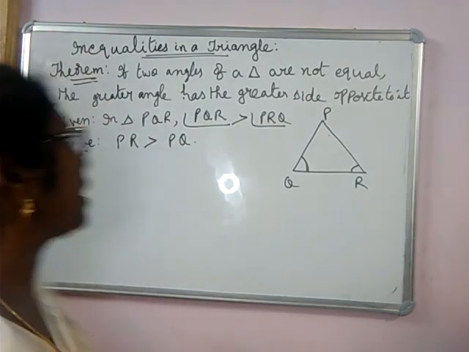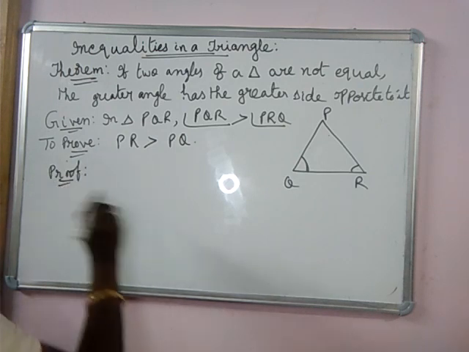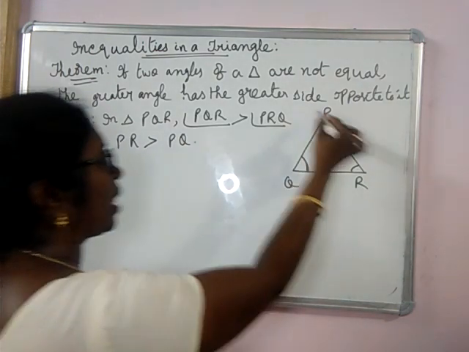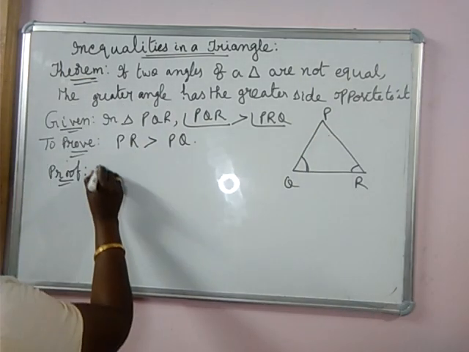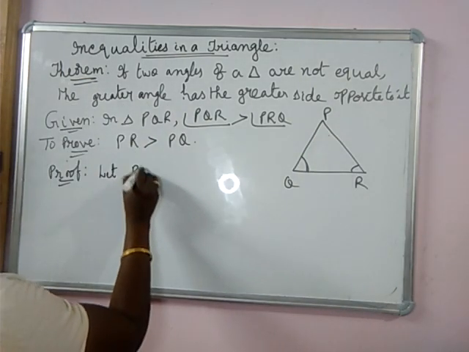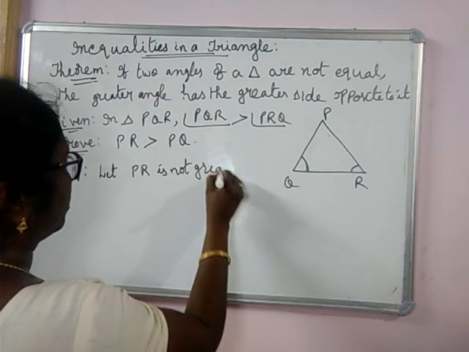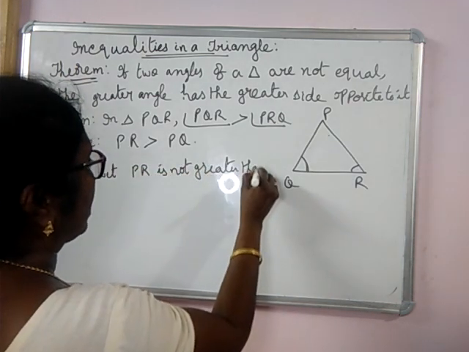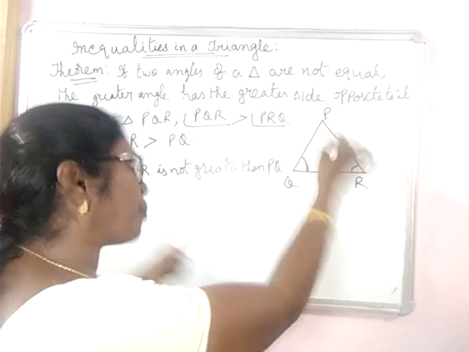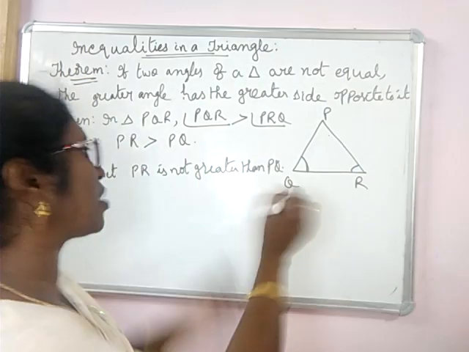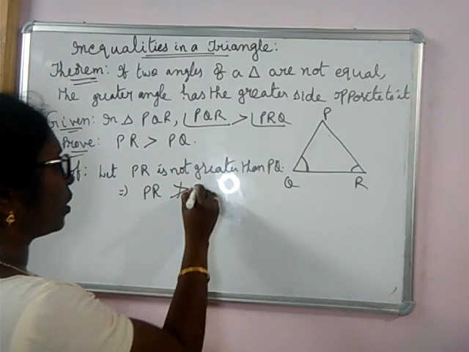Okay? Very interesting proof here. Let us prove. We have to prove that PR is greater than PQ, but let us assume that PR is not greater than PQ. Symbolically you can write PR is not greater than PQ.